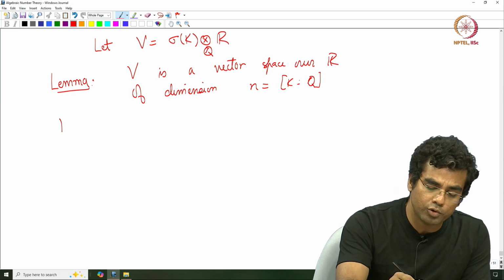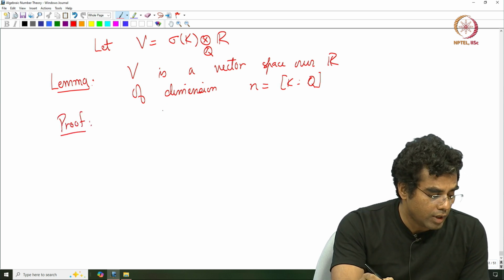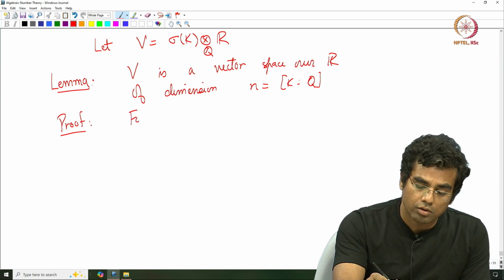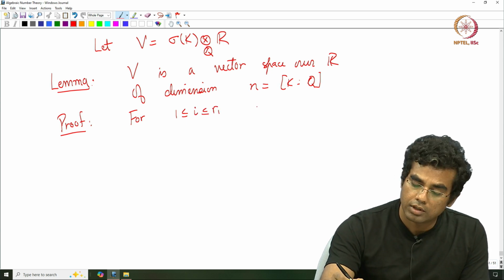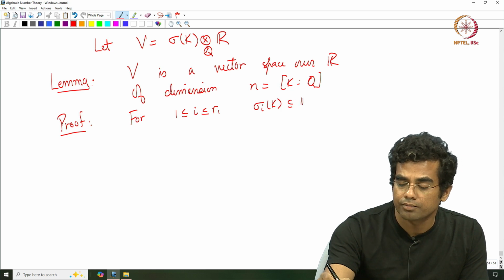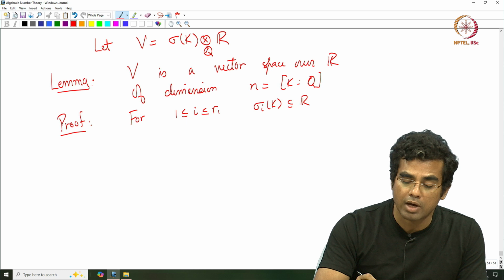All right. So, how do we prove this? Well, what we know is that for 1 less than or equal to I less than or equal to R1, sigma I of K is contained in R, right. That is how we defined sigma 1 up to sigma R1, right.